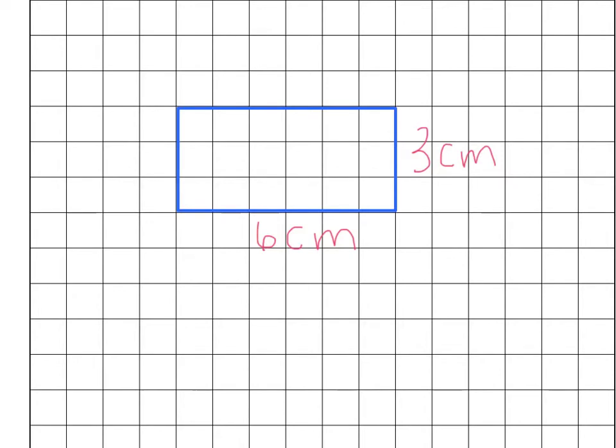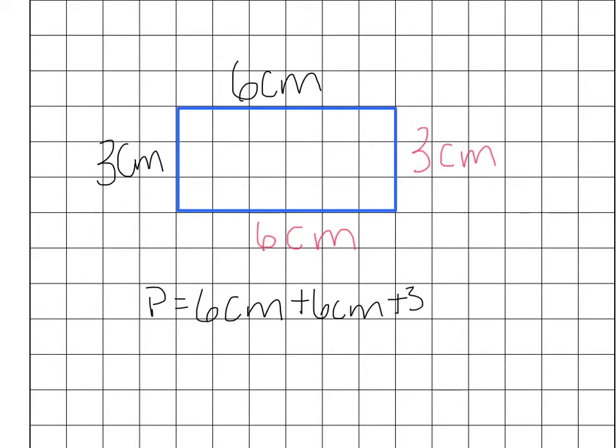So this side must be 6 centimeters because it matches its opposite side, and this side must be 3 centimeters. To find perimeter, we just add 6 centimeters plus 6 centimeters plus 3 centimeters plus 3 centimeters, and then we get 18 centimeters.